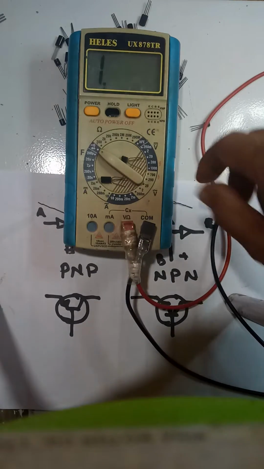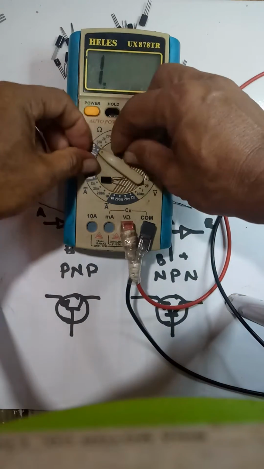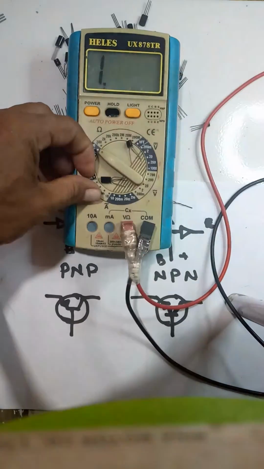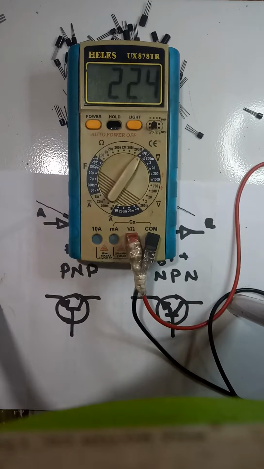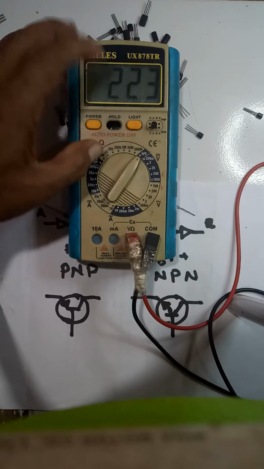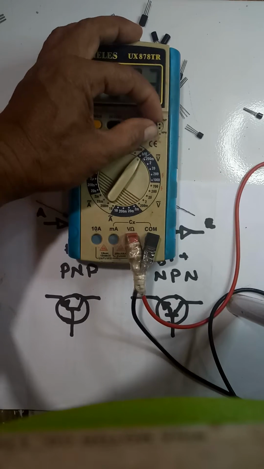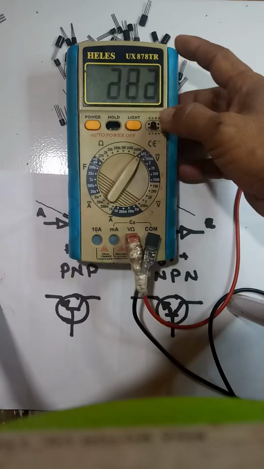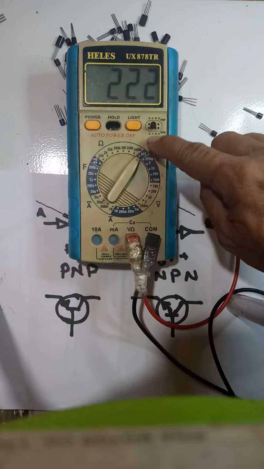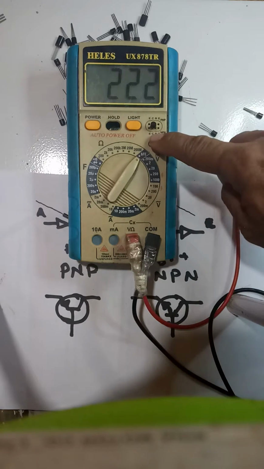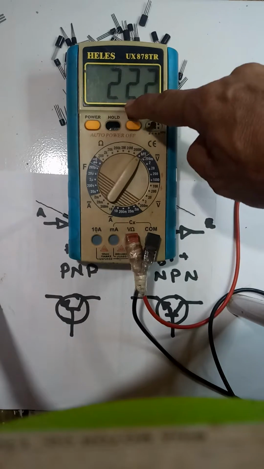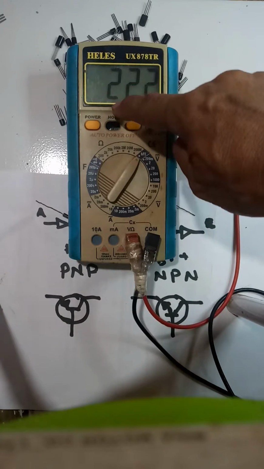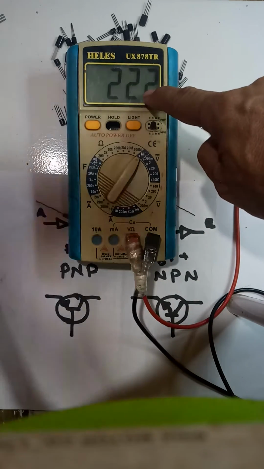So let's try it. Let's measure the beta value or HFE value. We insert the pins into the small holes, and the reading says 222.